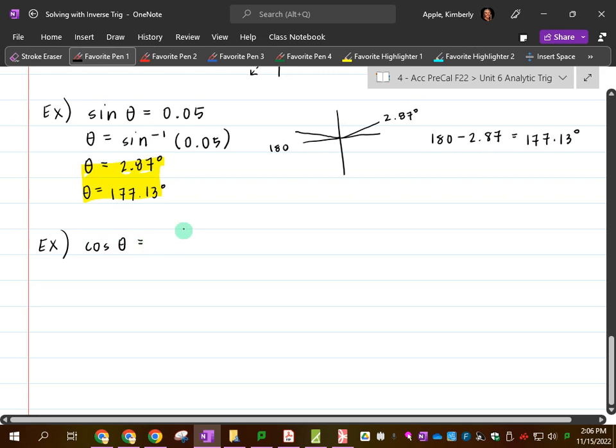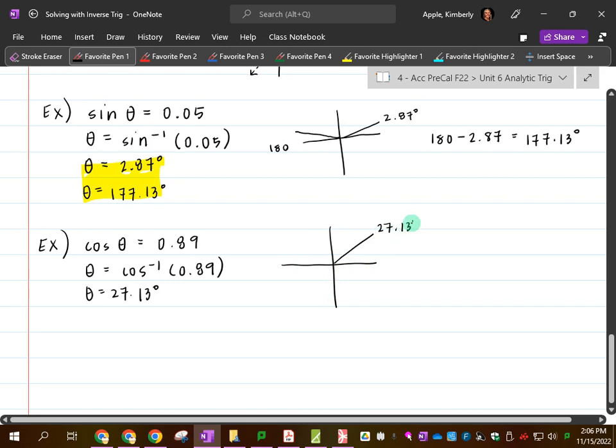Cosine theta equals 0.89. Theta equals cosine inverse of 0.89. 27.13. And so then we'll make our little sketch. 27.13 is right here.